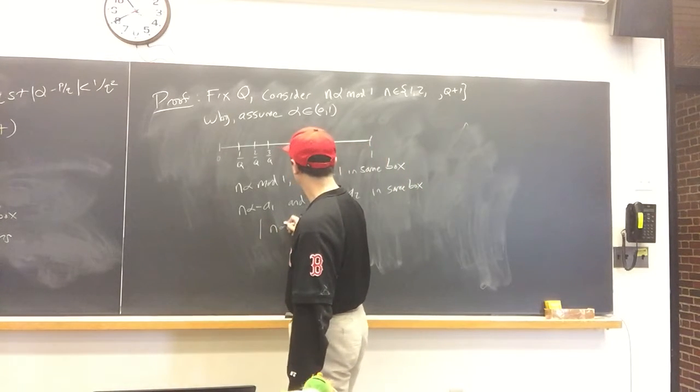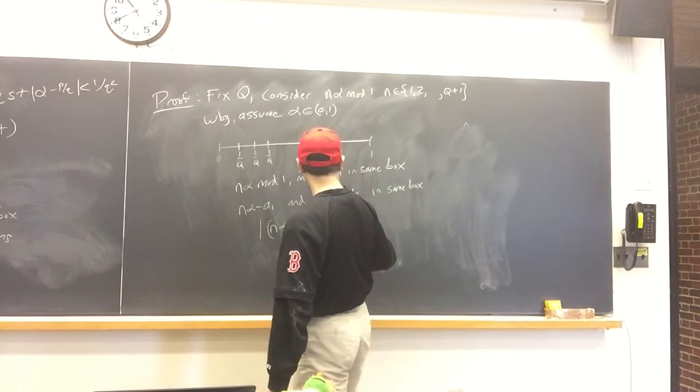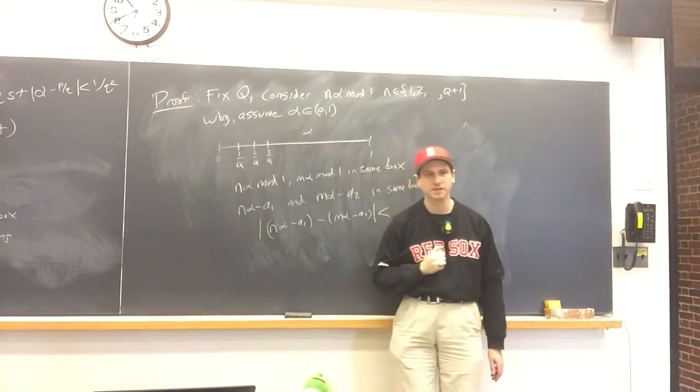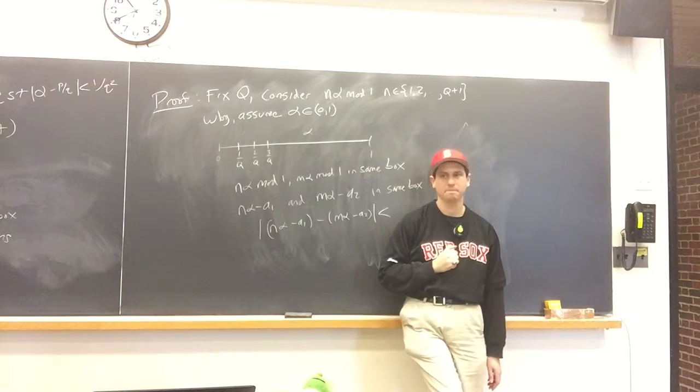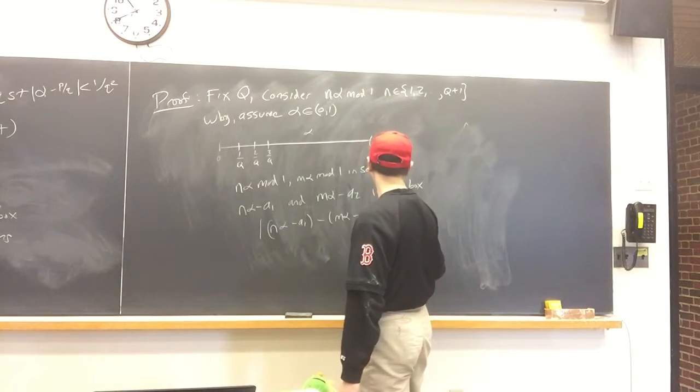If I look at n alpha minus a1 minus m alpha minus a2, how big can it be? At most 1 over Q. Which Q? Well, there's only one Q in the problem.